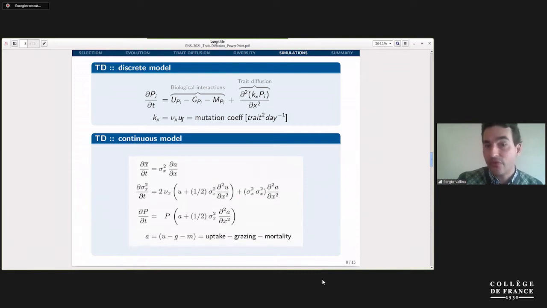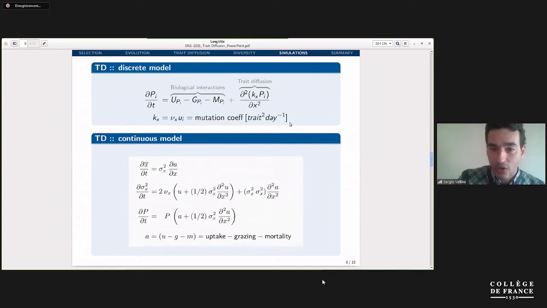U is the uptake rate, how fast you grow. So the faster you grow, the more mutations you can have in a given time frame. And then mu x is the mutation rate as such, with units of trait squared. So the combination, what we call the mutation coefficient, has units of trait squared divided by day, because u is in day minus 1.